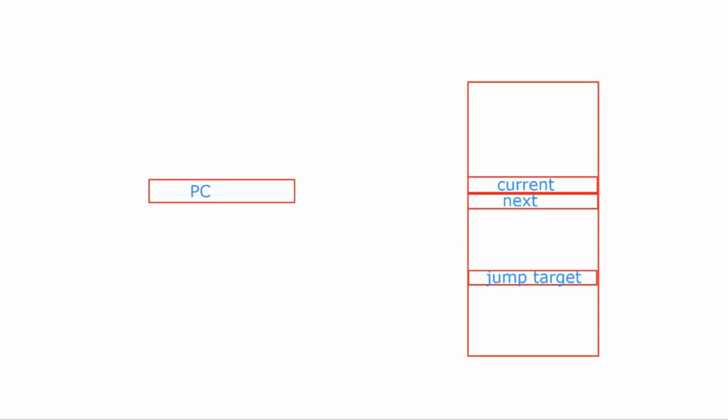For example, the address of the current instruction may be address 0, then the next one should be address 4, because bytes 0, 1, 2, 3 are in the current instruction, and bytes 4, 5, 6, and 7 are the next instruction.